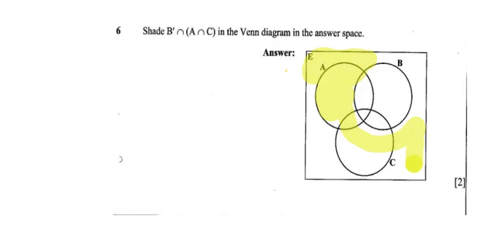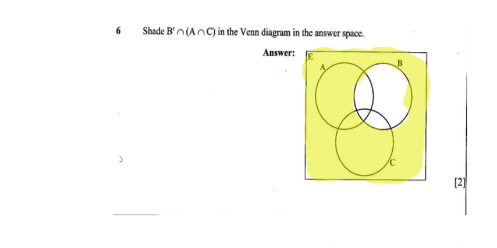This is our B complement. Everything in the universal set is the B complement, and also this. But as you can see, you have seen where I've ended. So we have just remained with what? B there.